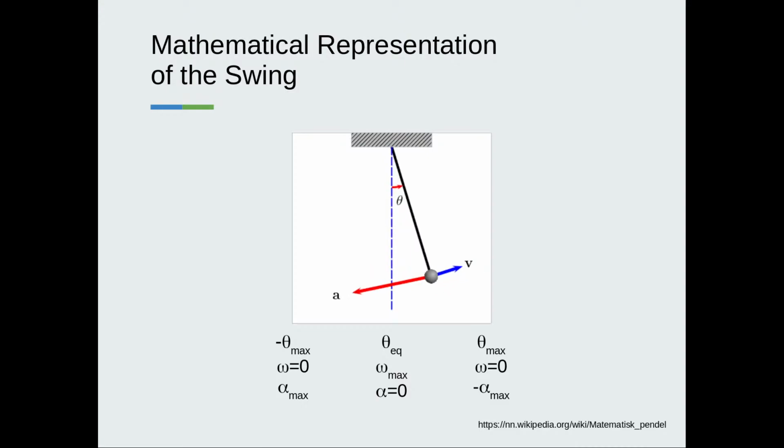But more or less it is the same as the oscillation of a spring, only now we are describing everything in angles. You can see here is the angle for the equilibrium point, and we have the maximum angles on the two sides. The positive and negative show you the direction.